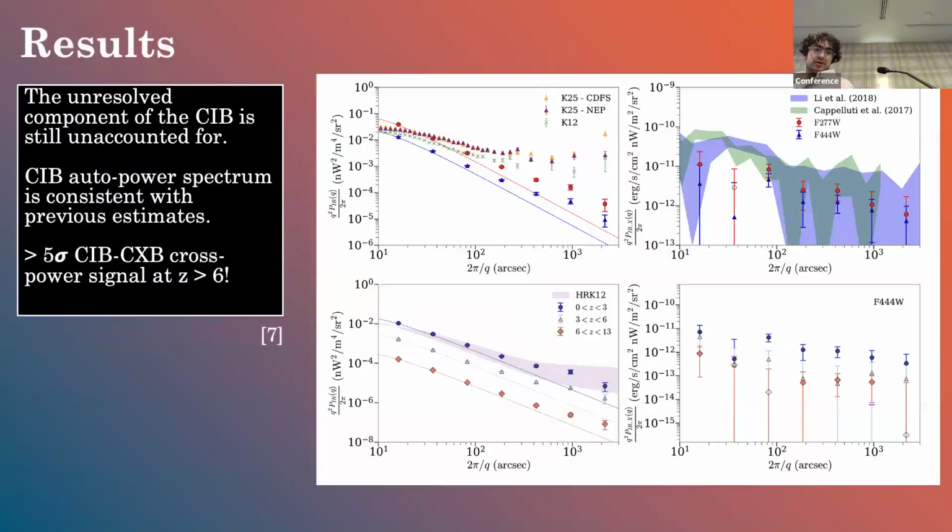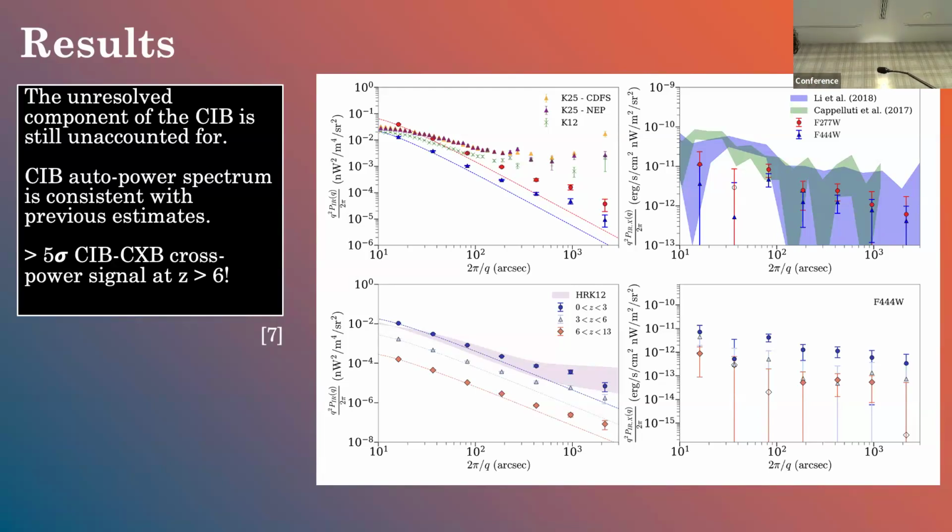So here are some results. We see a few different interesting things. One is that this unresolved excess in the CIB cannot be attributed to these JWST sources, which does make sense because our results are consistent with CIB reconstruction attempts, HRK12 being the CIB reconstruction in the bottom left.